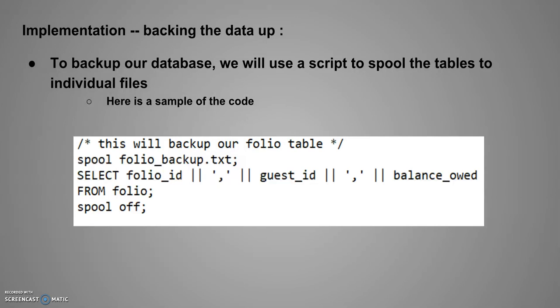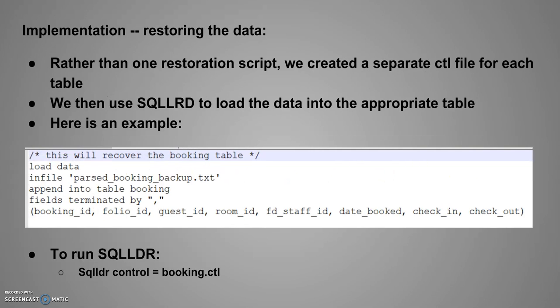We specify which table that we are recording out of, and then we turn our spool off so that everything is nice and neat. Now this file that's created is going to need to be parsed. We trust that that can be handled separately. And once the information is parsed into an exclusively comma-separated file, then you can go ahead and restore each individual table from that if you need to.